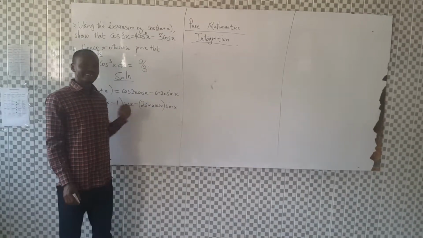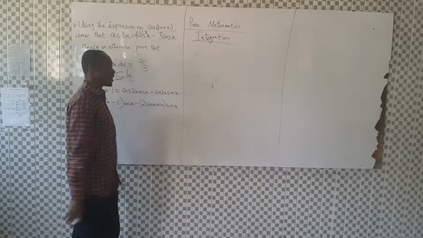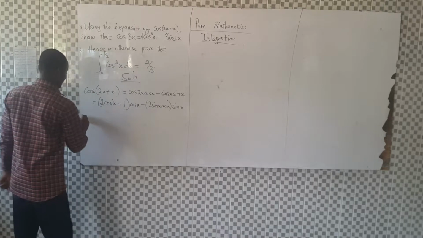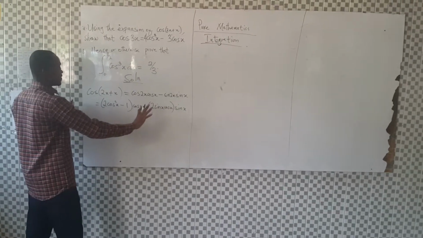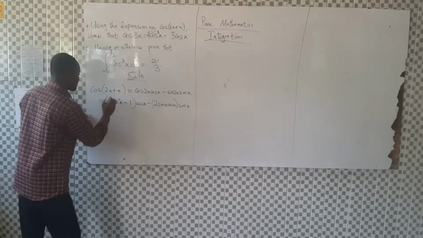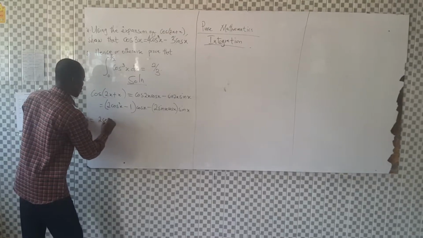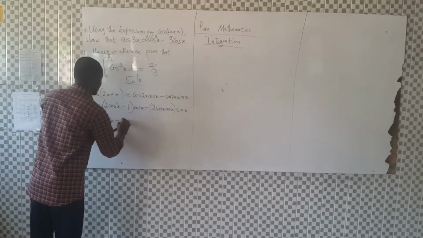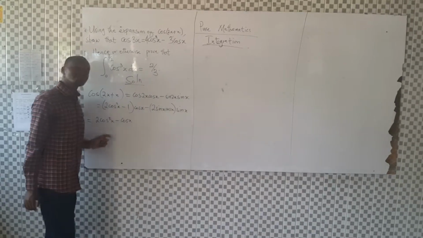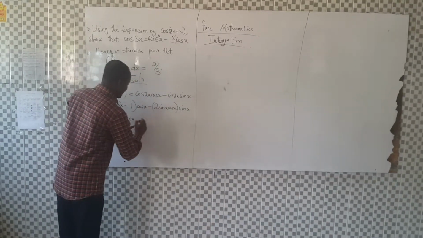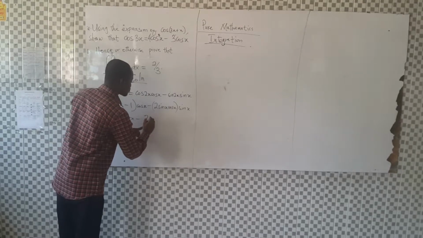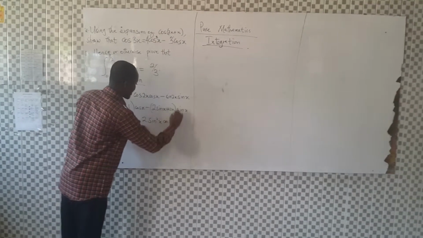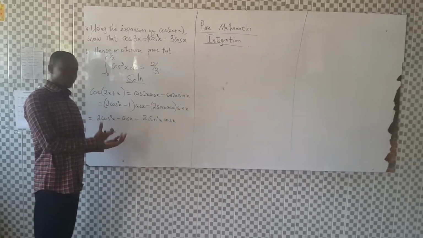You can find this in the formula tables, but usually I advise students to memorize these simple formulas. So when we expand this, we are going to have 2cos³x minus cos x. And then when we expand this also, we're going to have 2sin²x cos x. I believe you're following me.